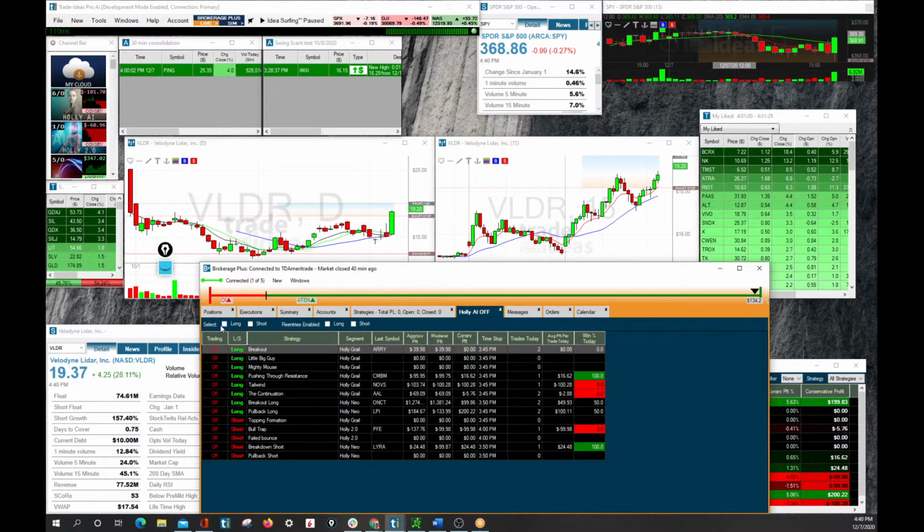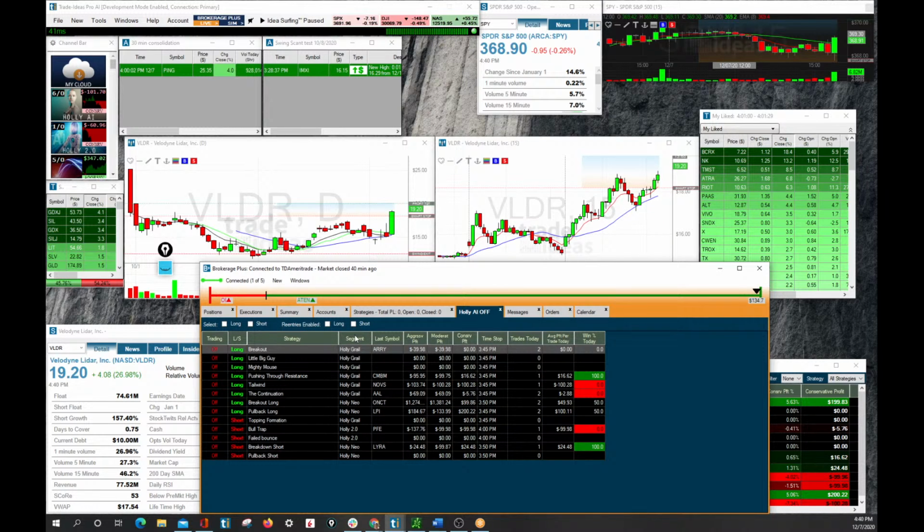So you want to pay attention to these different boxes because, like everything else, especially once you go live with this, it's all very, very important to be paying attention to what you're checking before that market fires open. So this here, that's your re-entry for long and short. These are just your long and shorts. So if you want to enable re-entries on the long or short strategies, these boxes have to be checked.